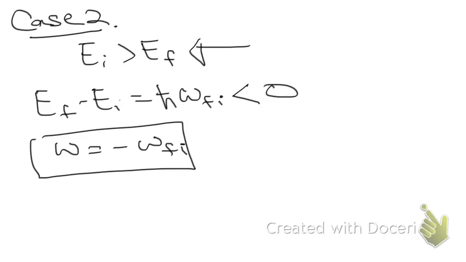So in this case, the dominant probability amplitude is going to be for the transition from an upper state to a lower state. We could think of this as a photon being released and your electron falls from a higher state to a lower state.